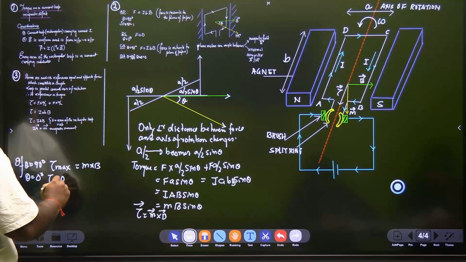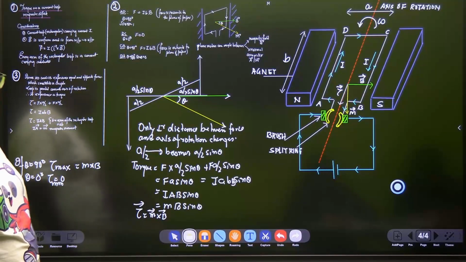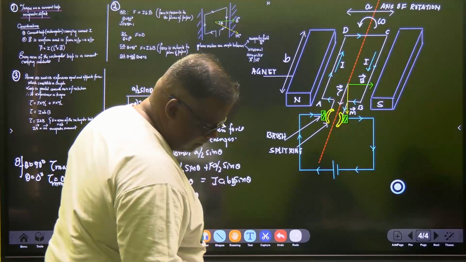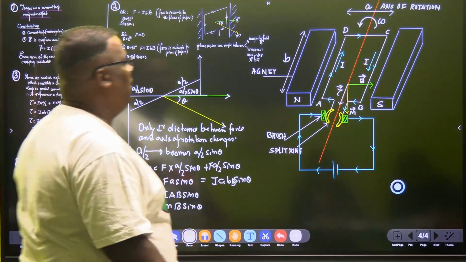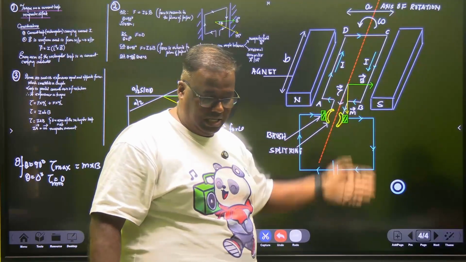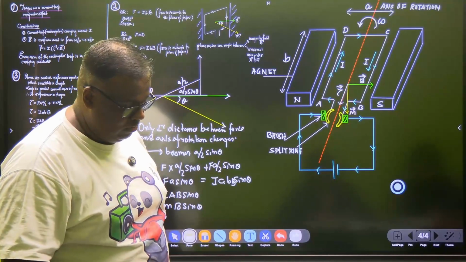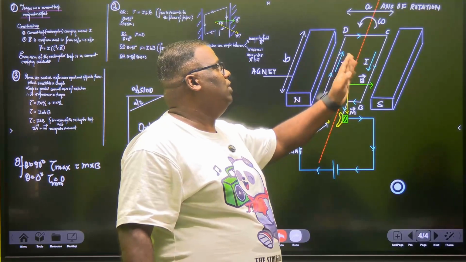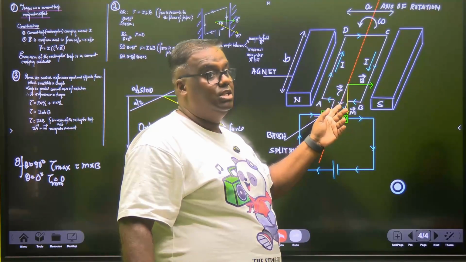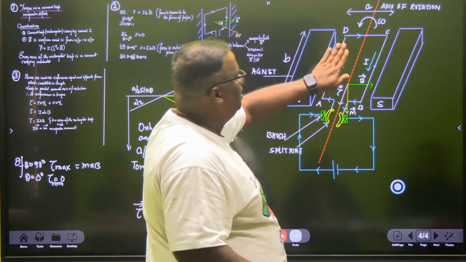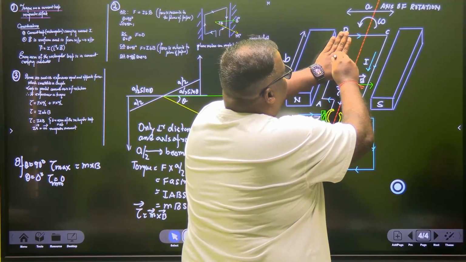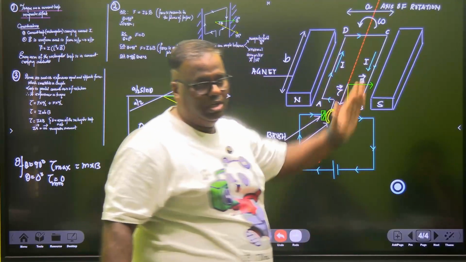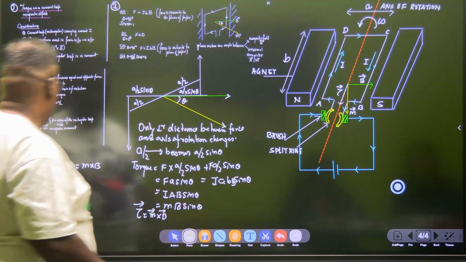That is, torque is minimum. Now when theta is equal to 0 degrees, what is theta 0? Try to understand. Theta 0 means when your A actually makes an angle 0 with the field. When will A make an angle 0? Now it is like this, A is in this manner, right? If your coil is in this way, then A is making an angle of 0 degrees.